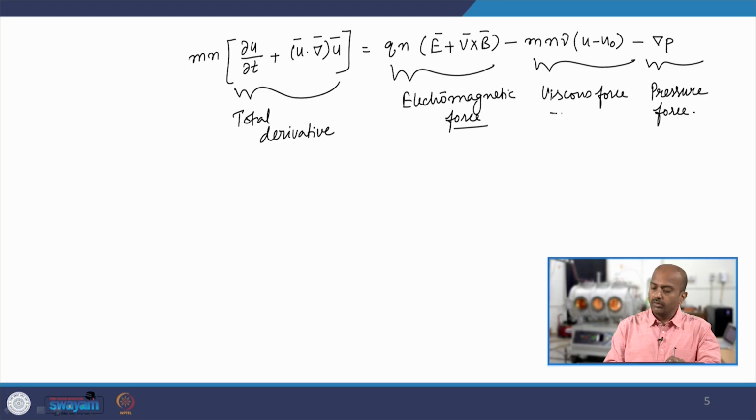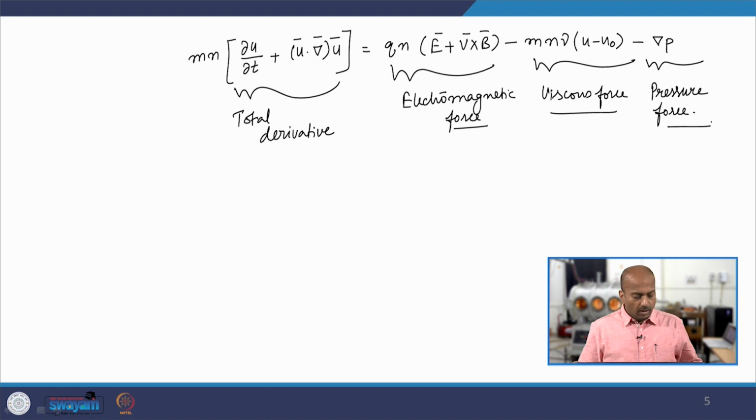So, the acceleration of the fluid element or fluid volume is equal to the effects imposed by the electromagnetic force, the viscous force and the pressure force. So, if you take this, we can now go ahead and see how will be the full set of equations that will appear when we consider plasma as a fluid, right.